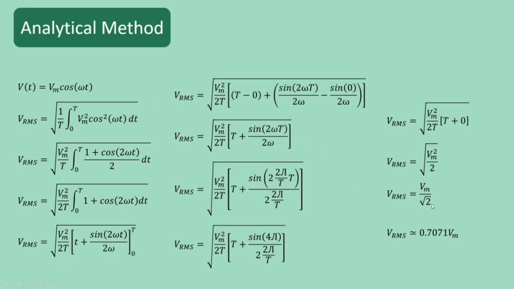RMS voltage is equal to Vm, that is the maximum value that the waveform can have, divided by square root of 2, that is approximately equal to 0.7 times Vm, that we will see is called peak voltage. So basically, RMS voltage is equal to 0.7 times peak voltage.